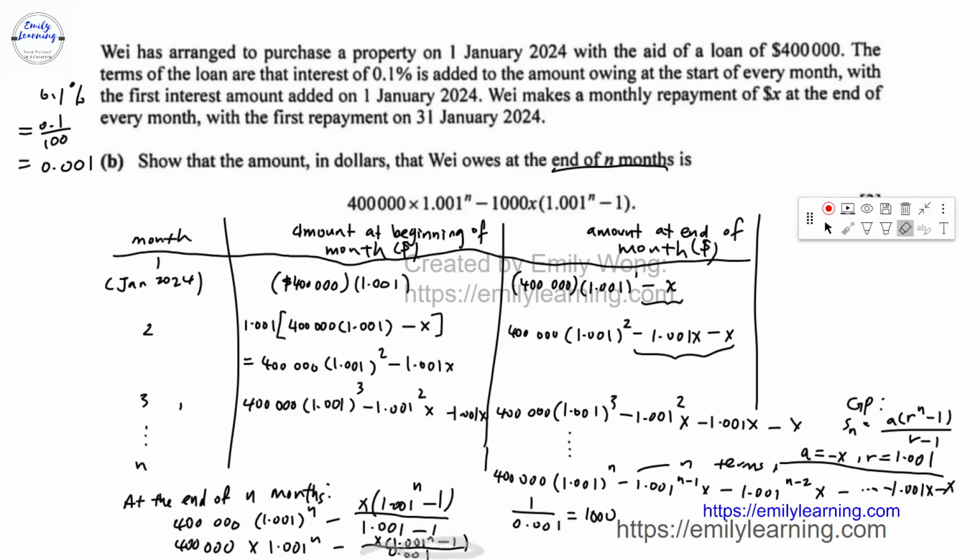So let me erase everything. Okay, so I've shown this, the amount at the end of n months.